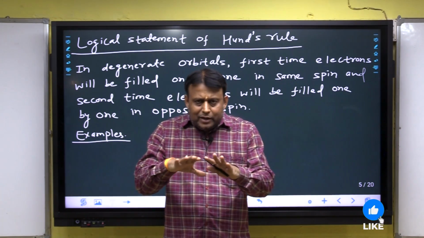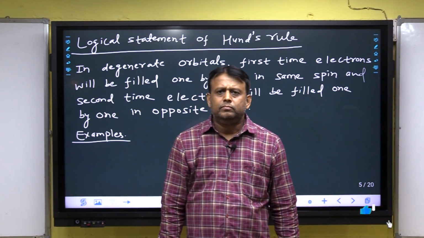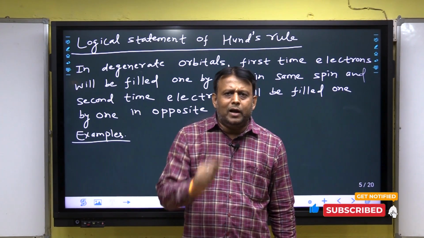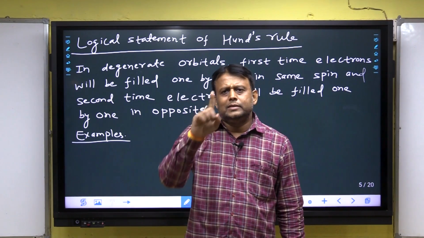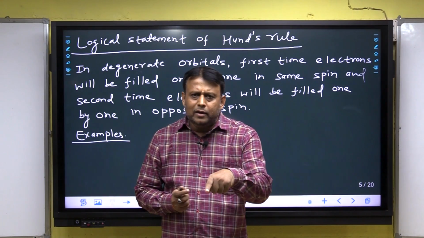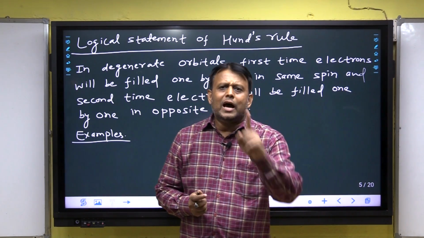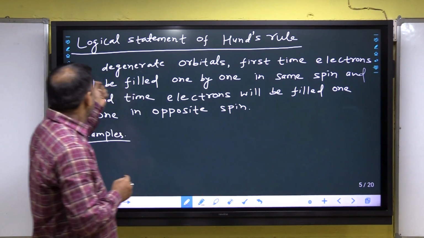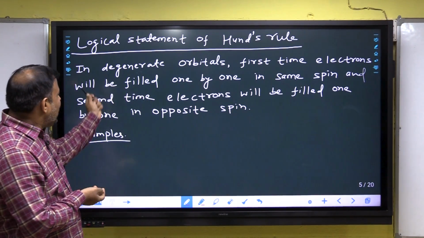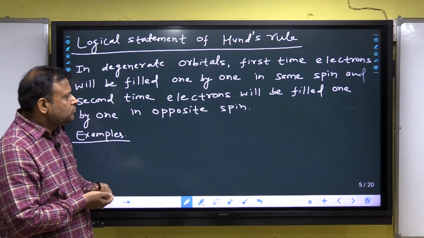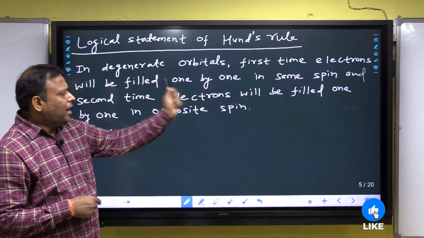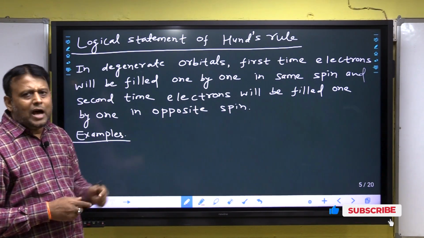In degenerate orbitals, first time electrons will be filled one by one in the same spin, and second time electrons will be filled one by one in opposite spin. Look at both.